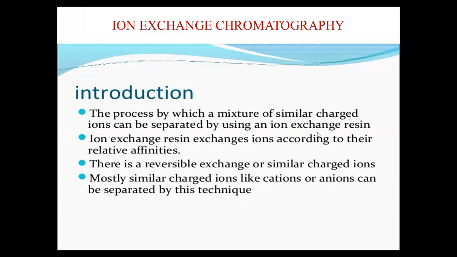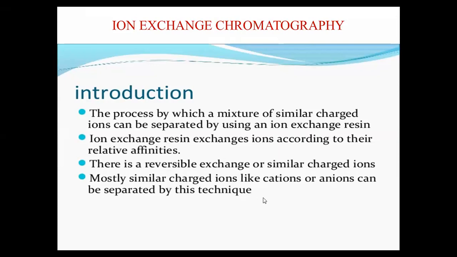Ion exchange occurs according to their relative affinity towards the ions which are present on the resin's substance. So this process is reversible. There is a reversible exchange of similar charge ions.